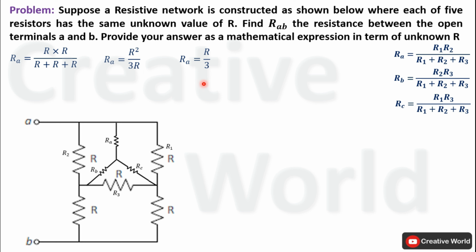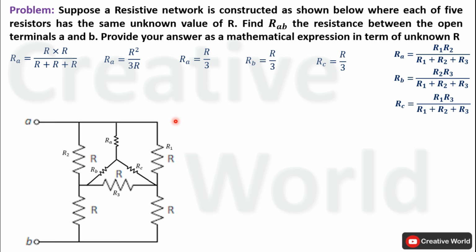Here another theory is also proved. If we have three same resistances in delta connection, their equivalent resistance in star connection will be equal to the resistance of a single branch divided by 3. Now because the values of delta connected resistances are same, their respective values in star connection Rb and Rc will also be equal to Ra.